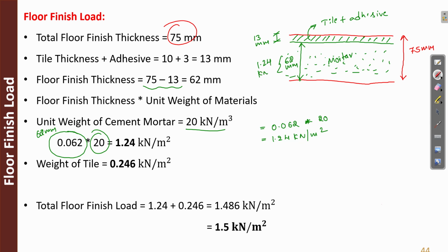Again you need to add the weight of tile plus adhesive, which is 0.246 kilonewton per meter square. So finally you should get 1.486, which is roughly around 1.5 kilonewton per meter square.